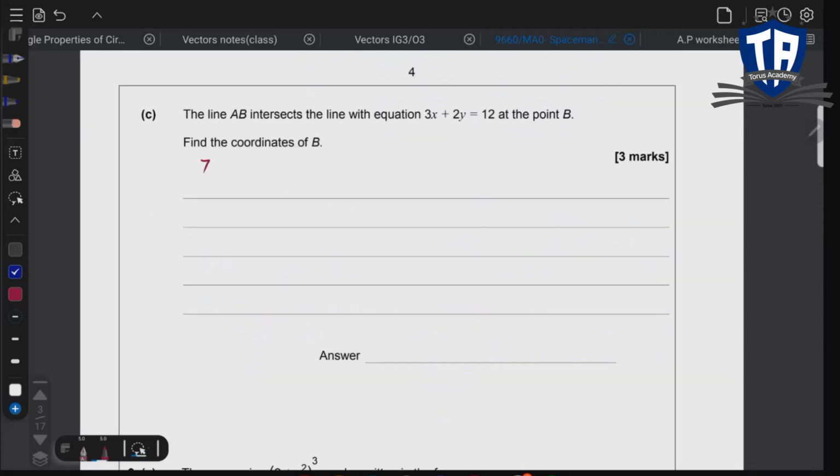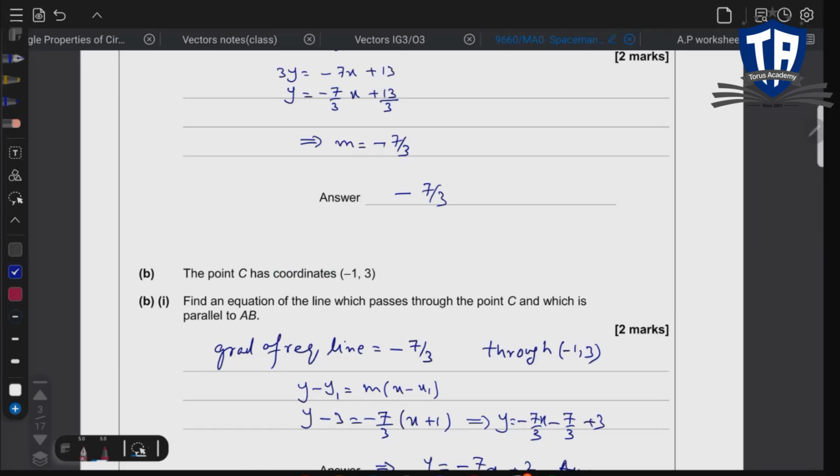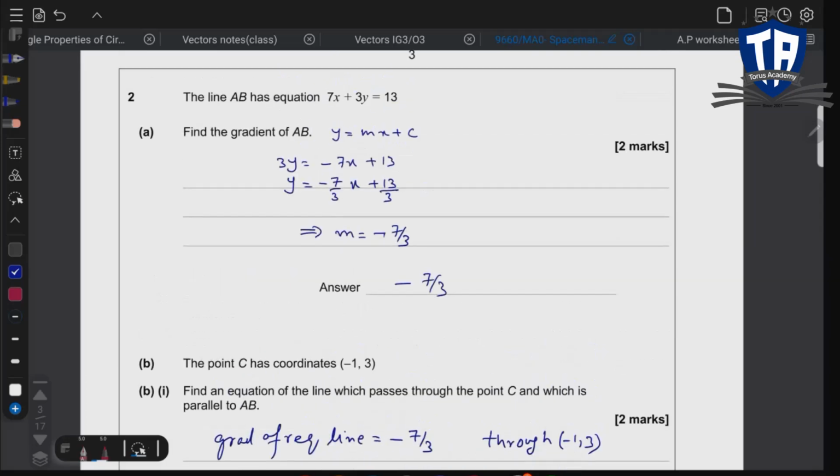The next part says that the line AB intersects the line with the given equation at point B. We will find the coordinates of B. Line AB is given: 7x plus 3y is equal to 13.